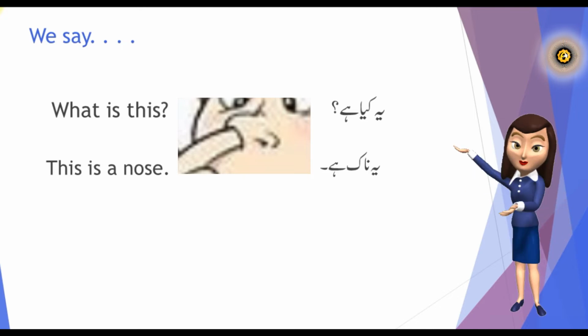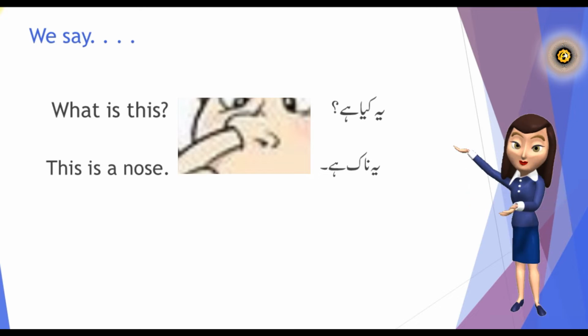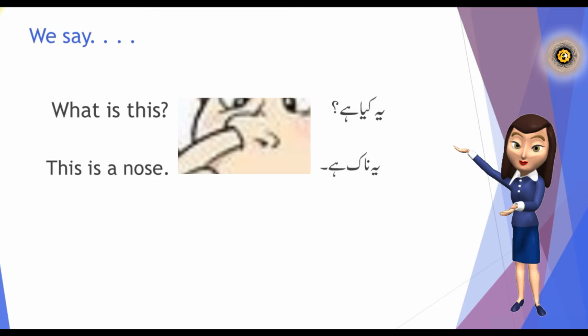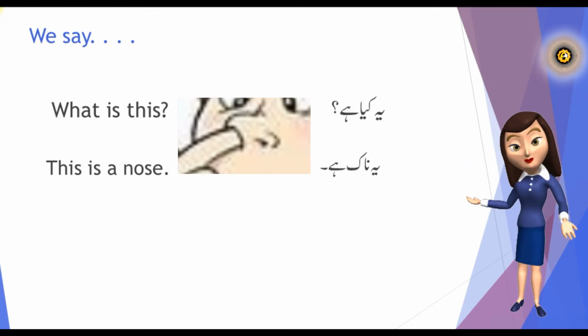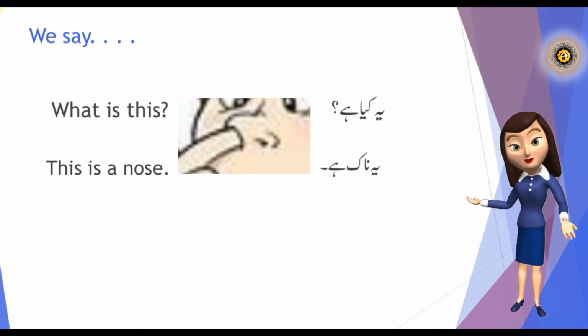Remember, whatever the thing is asked about, you're going to tell about that thing. And you're simply going to say ye, dash, you're going to fill in the dash with whatever that thing is, and then you are going to say hai. And remember, hai is going to be for the thing which is one or singular. For one thing we use hai.